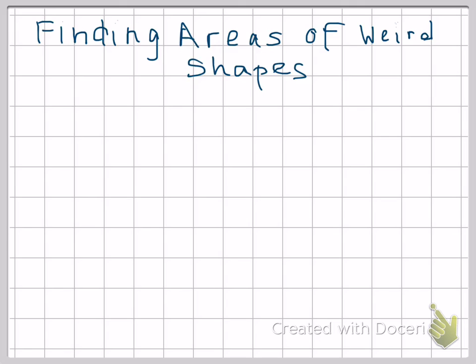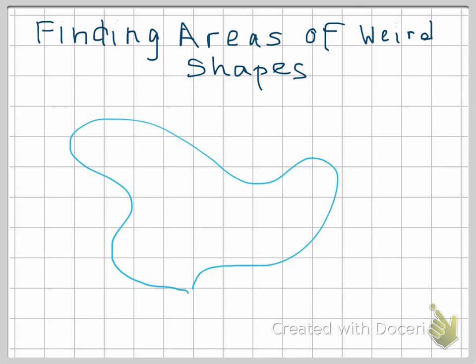Sometimes you might have weird shapes that look something like this, and they're going to say, hey, can you estimate that? Well, you're going to have to guess because it's going to be hard to say this square right here takes up 1/8 and this takes up 1/8. So if you ever get a question that asks you to estimate, what you do is you fill in the squares that have the full centimeter taken.